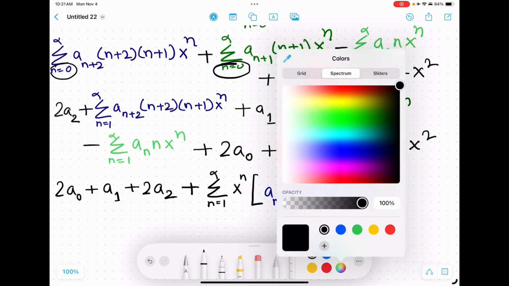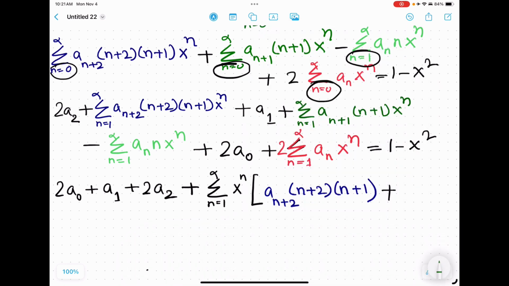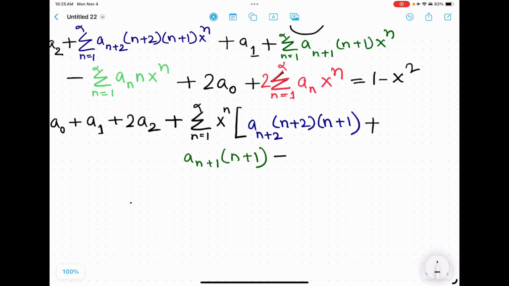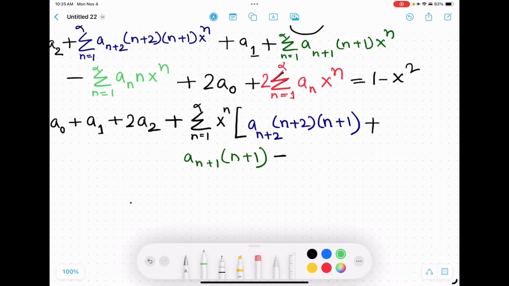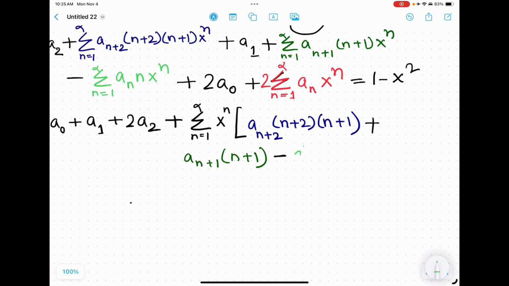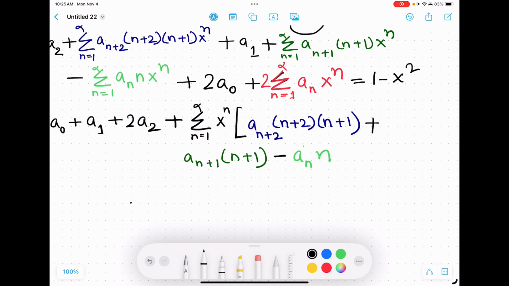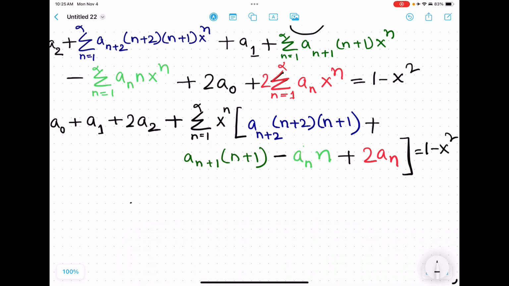And now writing my second power series, I have a sub n plus 1 times n plus 1, minus, and then I have my third power series, okay? So I have a sub n times n, and then my fourth power series, which is 2a sub n, equals 1 minus x squared, okay? So I've combined all my 4 power series into 1.